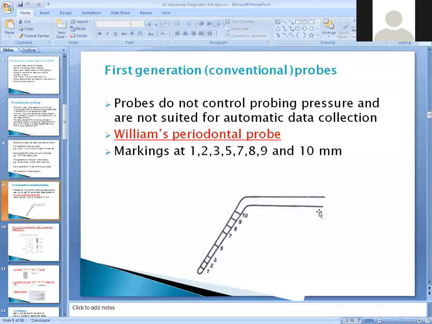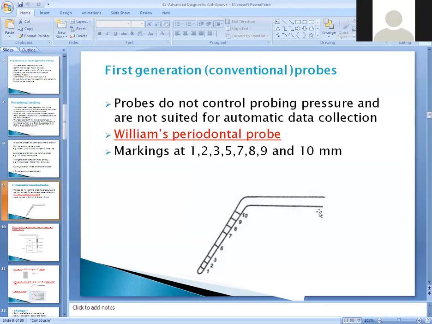You need to reinsert your probe, right? Only then will you come to know whether your treatment has worked or not. Are you getting my point? Yes, ma'am. So, for a periodontal patient, you need to do probing continuously, frequently, at every visit.